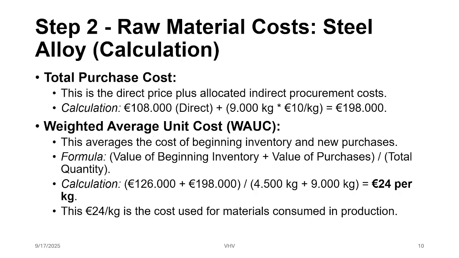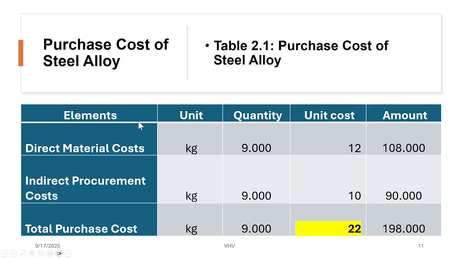So for the total purchase cost, put it here. You can see that the total purchase cost is the direct material cost and the indirect procurement cost. For the indirect procurement cost, the unit cost is multiplied by the quantity, so you use the unit cost of 10, and you have 90,000.